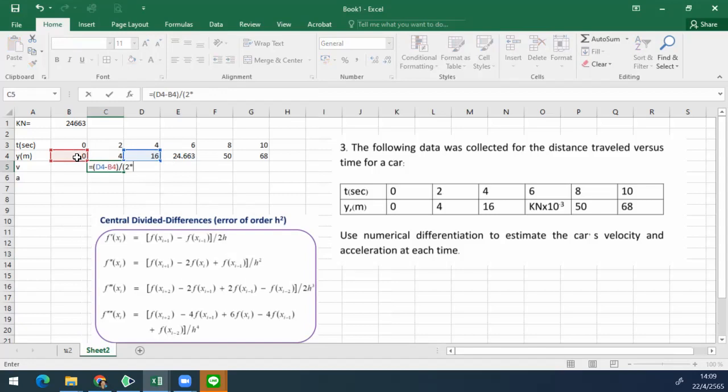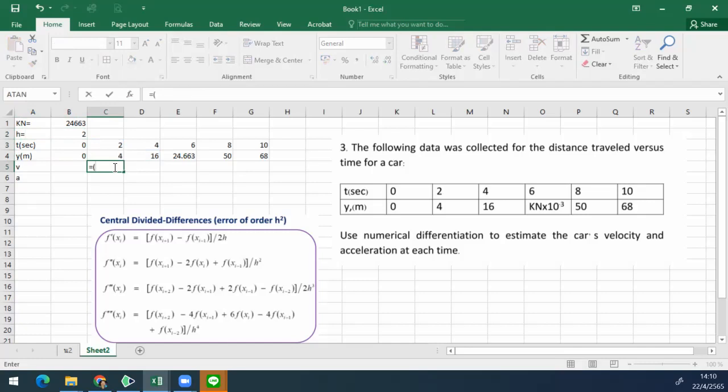In this case, h is, I forgot, because this is equivalent spacing, it becomes 2 seconds.